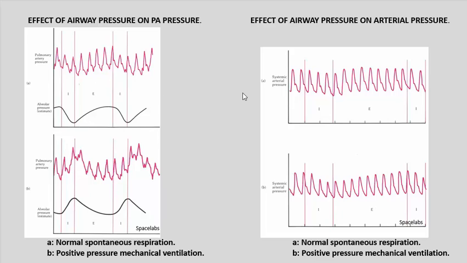Normally on inspiration, your diaphragm goes down, so your intrathoracic pressure goes down. That has a localized effect in dilating your vessels, your pulmonary vessels. So your right atrium dilates slightly, and your pulmonary capillary bed is a huge reservoir for blood. It's a huge capacitor.